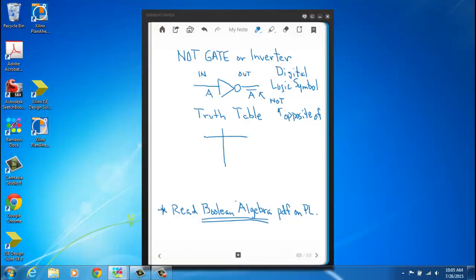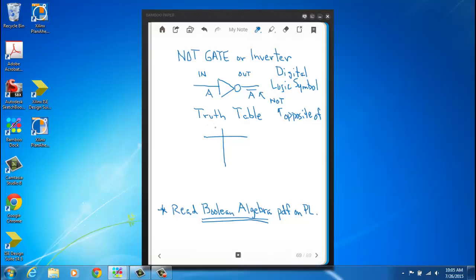There are some unique ones, such as De Morgan's theorem, that you should pay particular attention to. But make sure before watching any more videos past this video that you look at this handout. Okay, because like I said, we'll be using Boolean algebra the rest of the course within context of other topics.